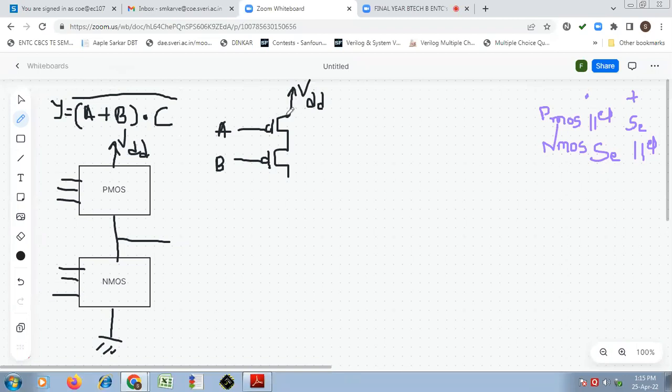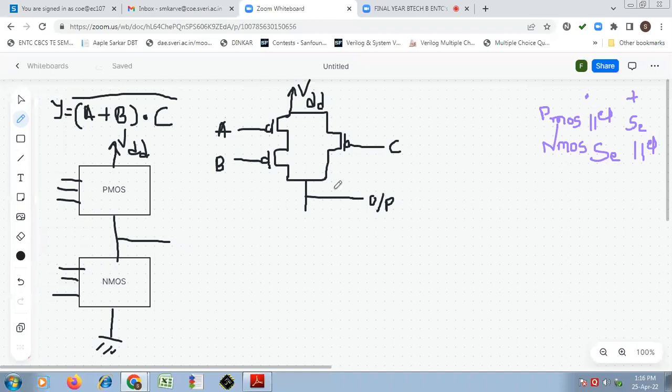So this C we have to connect parallel with this A plus B. This is C. Here we will take the output.